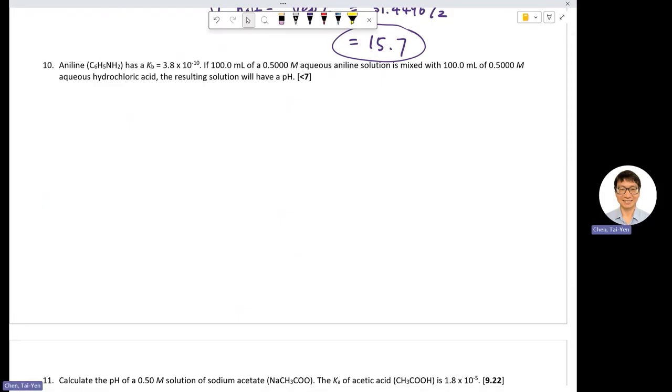Okay, so this is more of a conceptual question, so let's see how much computation you need to do. Let's read through this. Aniline has a Kb of this value. Every time I see this sentence, the first thing I write is that aniline is a weak base.